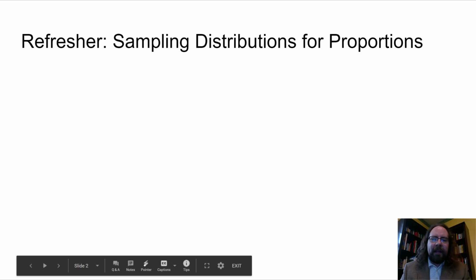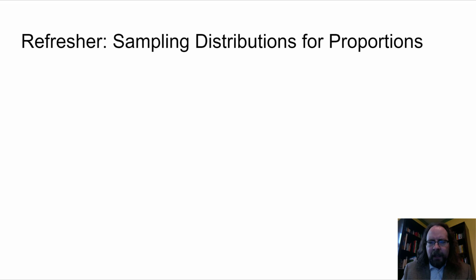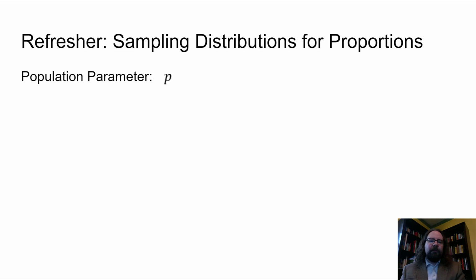So let's start with a refresher on how we compute sampling distributions for proportions. The purpose of this is to show you how similar the process of finding sampling distributions for means is, and also highlight where the differences are. So when we're working with a population proportion, we call the population parameter P, if you recall, P for proportion.